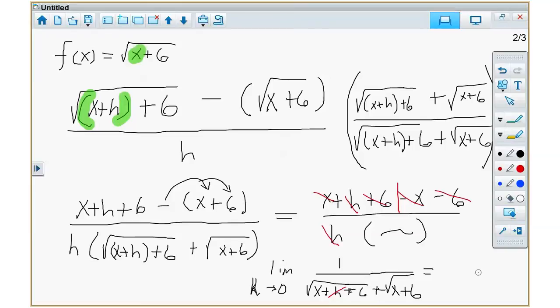So we've got 1 over 2 square root of x plus 6.